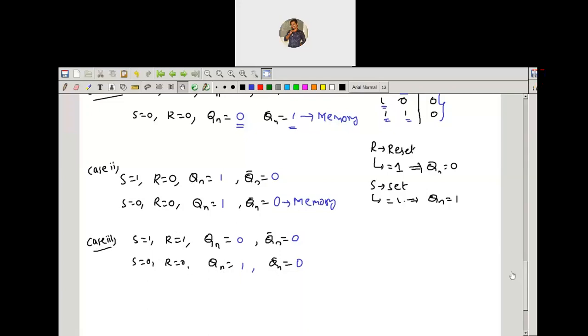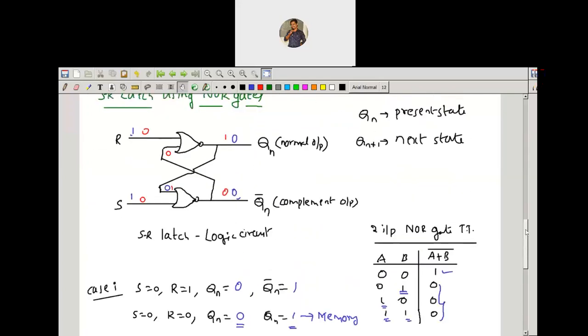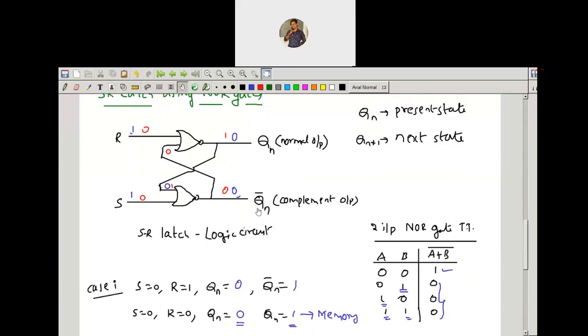Okay. Now you can observe that here I have taken the analysis from the complement output. For example, if I analyze from the normal output, this 0 will be fed back to here. The previous output is 0. When 0 is fed back to here, what is the output of the complement? The output is going to be 1. And when this 1 is here, for 0, 1, the output is going to be 0.